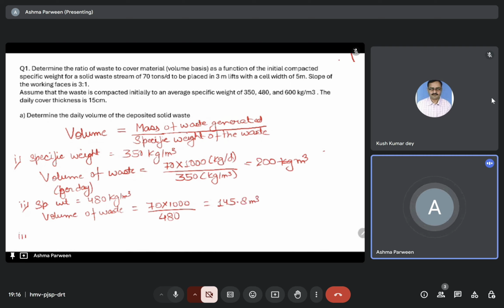So next one is the specific weight of 600 kg per meter cube. So volume of waste will be 70 into 1000 upon 600.